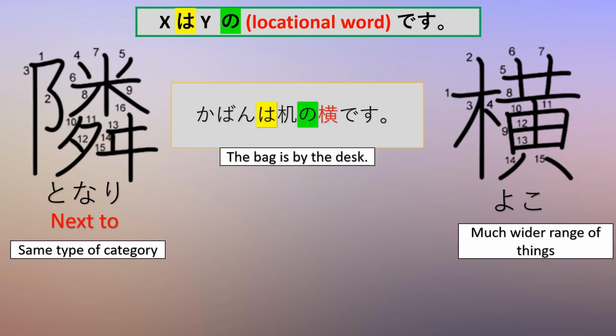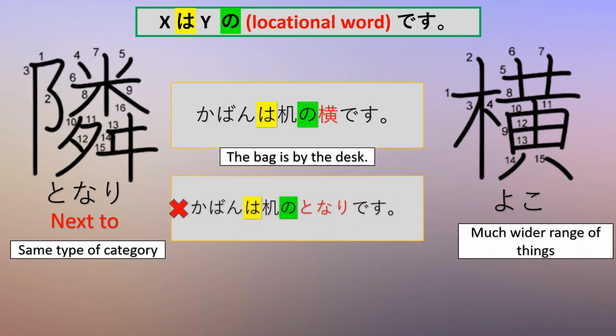Bag and desk are not of the same category, so we do not use tonari. Kaban wa tsukue no tonari desu would not be used in this case, because bag and table are not the same thing or category.